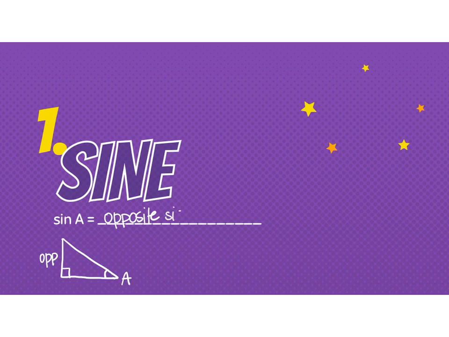So we have that opposite side, not touching angle A, and it's going to be over the hypotenuse, or divided by the hypotenuse. So for example, let's say the opposite side was 4 and the hypotenuse was 5. We could say sine A equals 4 over 5. With these fractions, we always make sure we either leave it in simplest form or in decimal form. We don't want improper fractions or mixed numbers, so it needs to be a reduced fraction or a decimal.